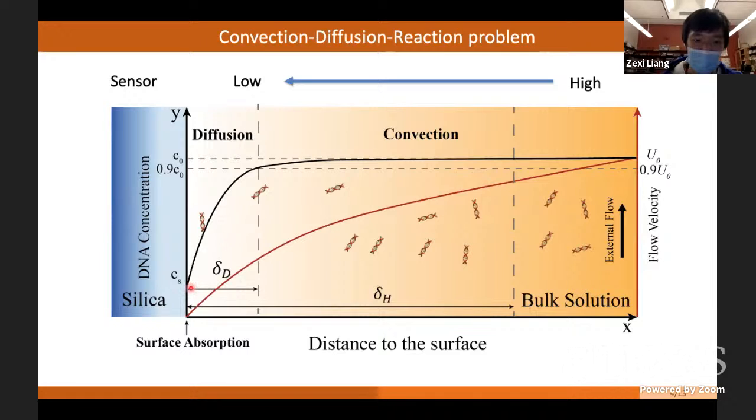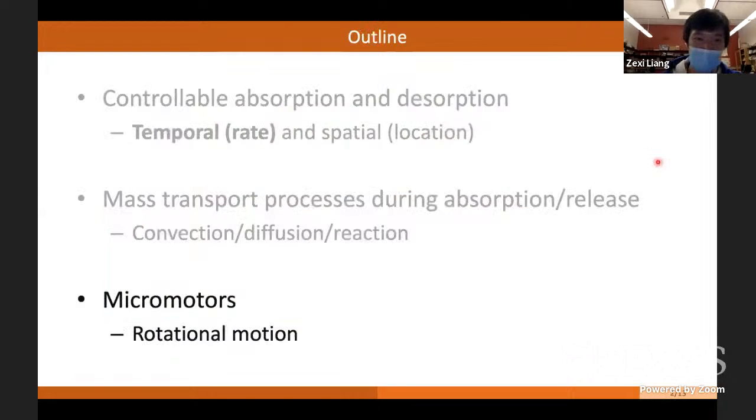This distance, delta D, is the diffusion regime. And for the convection, we define it as the distance from 0 to somewhere close to 90% of the bulk external flow rate.